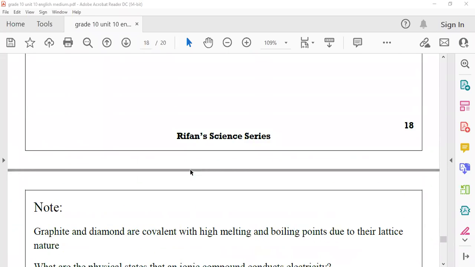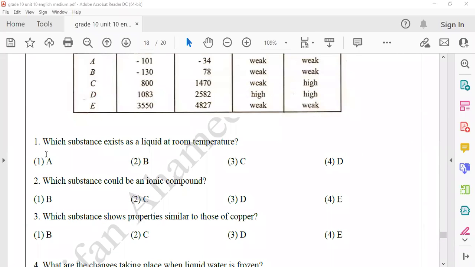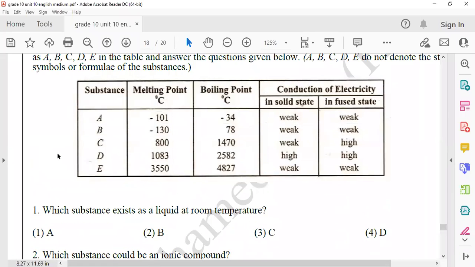Now come to this question. Look at A. What is the physical state of A? Gas. So in the front, you write down gas.